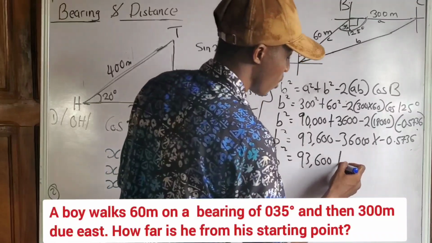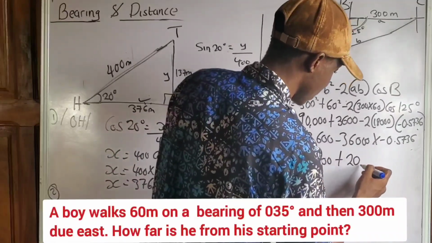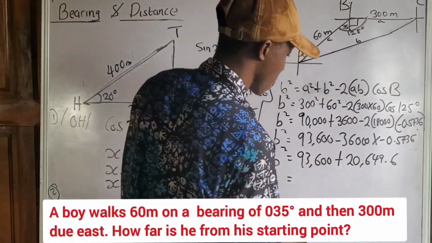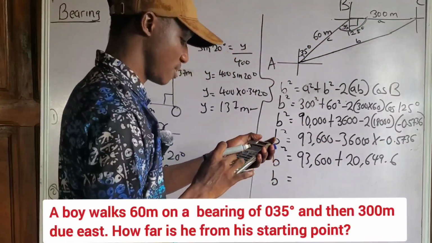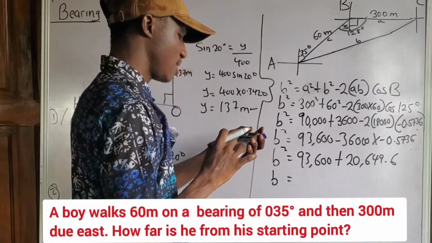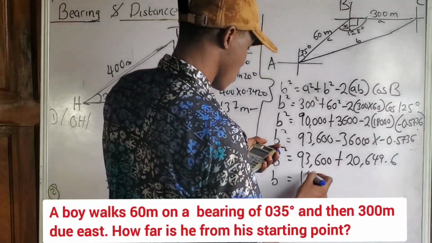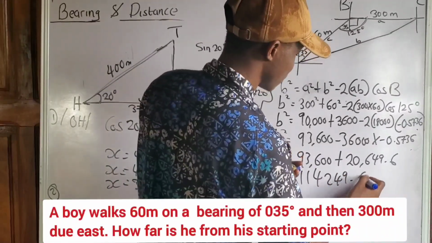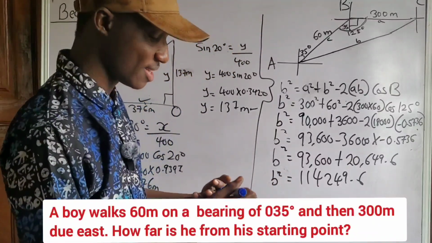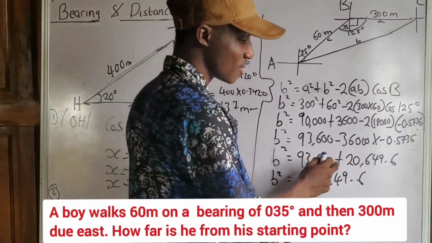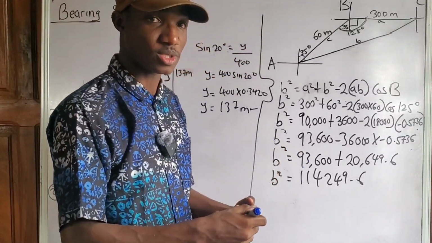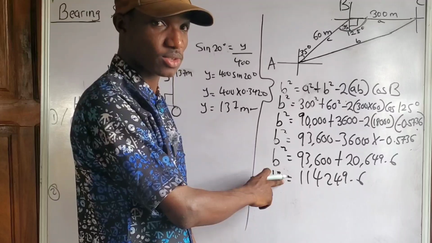93,600 plus 20,649.6, which is 114,249.6. Now to get the value of b, you have to take the square root of both sides. See, it's simple. You take the square root of both sides so as to eliminate the square on top of b.